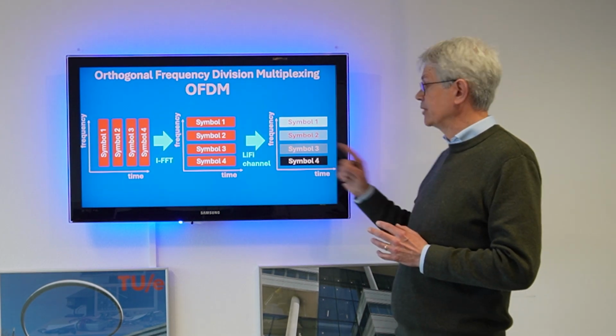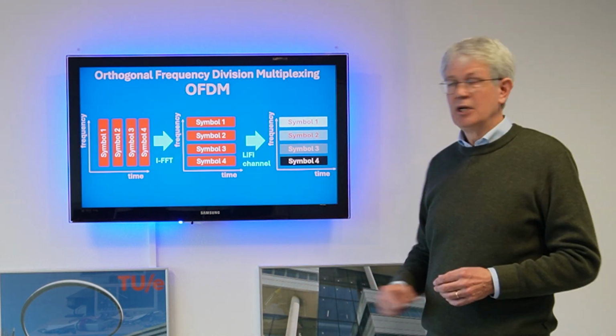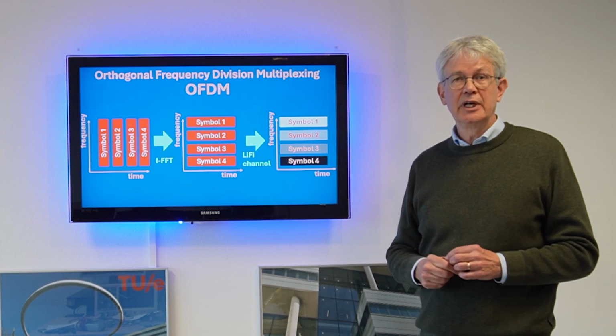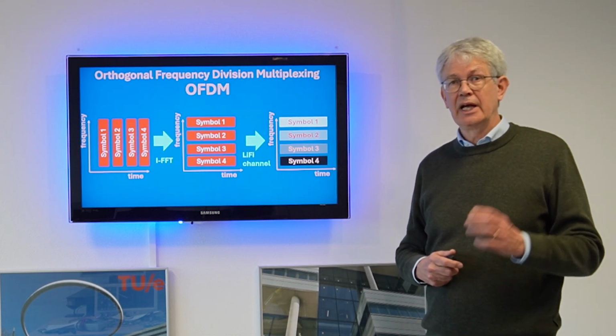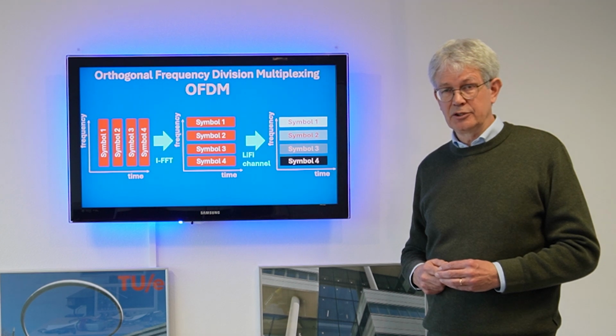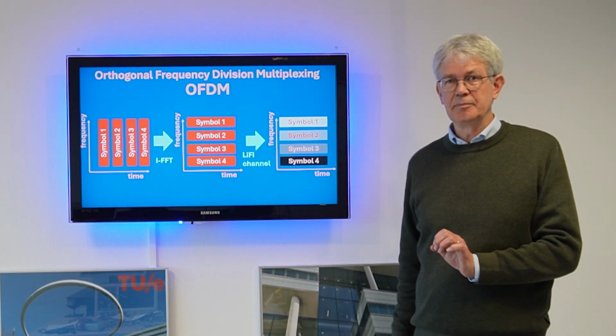And then it's very attractive that we can play with how many bits per second per hertz we put on low frequency modulation versus what we do at high frequency modulation. And that is why we like OFDM in optical wireless communication, and not so much because of spectral efficiency.